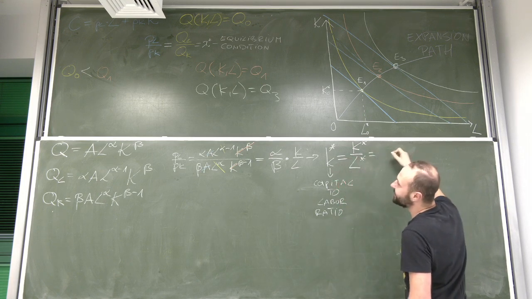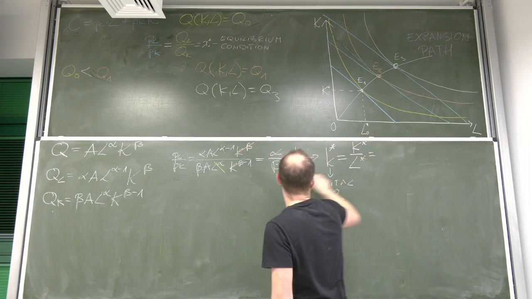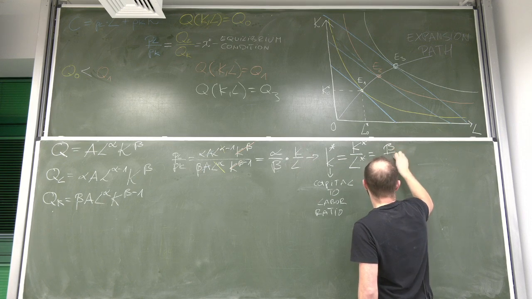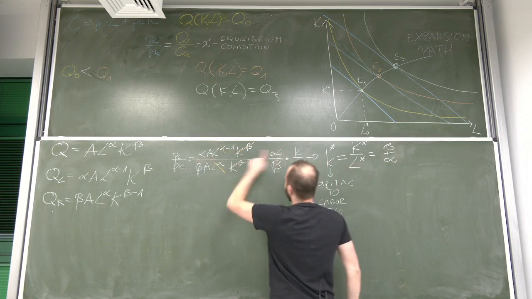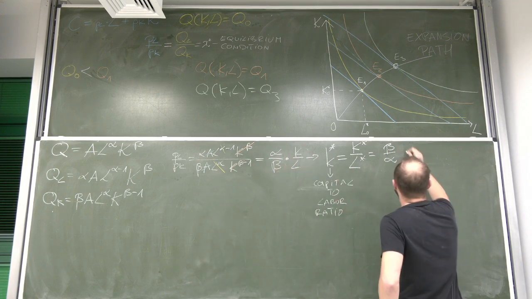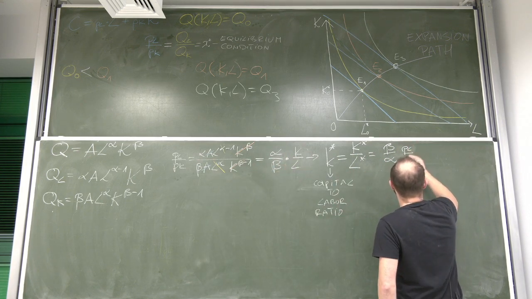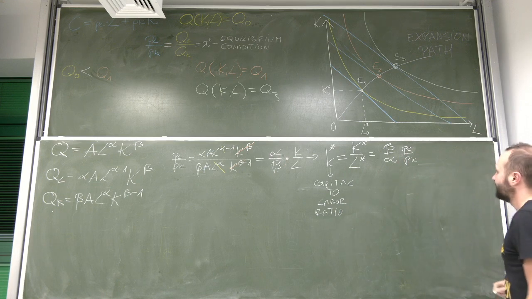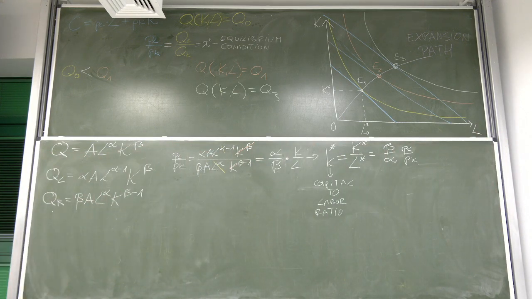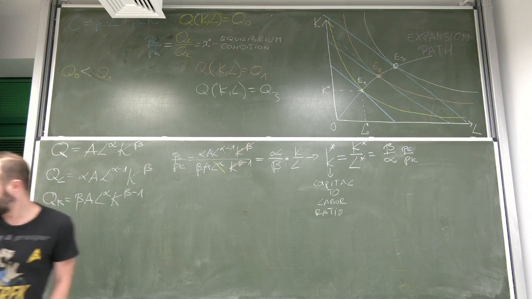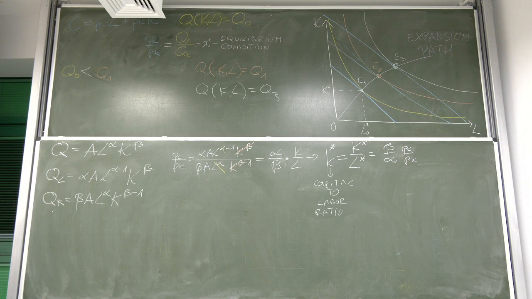And I see that it is going to be equal to beta over alpha, right? I multiply both sides by beta, divide them by alpha, times PL over PK. Okay, and look, this result provided us with some very interesting insight.